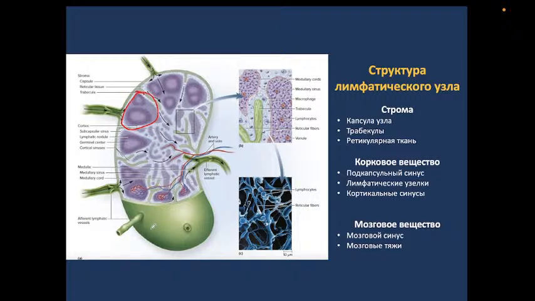This is the external part of the lymphoid node, and the medulla. It is the same as in the spleen. Usually all lymph comes into the lymphoid node, passes through the cortex and comes into the medulla, and then comes into the efferent lymphatic vessels, as you see here.